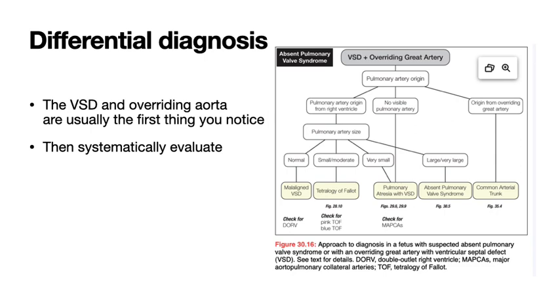And if it's normal, well, then that's not tetralogy of Fallot, that's just a malalignment VSD. If you have a small pulmonary artery, or moderate size, that is tetralogy of Fallot. And if it's extremely small or absent, you can't demonstrate it at all, any flow, that's pulmonary atresia with a VSD. If the pulmonary artery doesn't arise from the right ventricle, it arises from an overriding aorta, that's a truncus arteriosus, and we'll talk about that in the future.